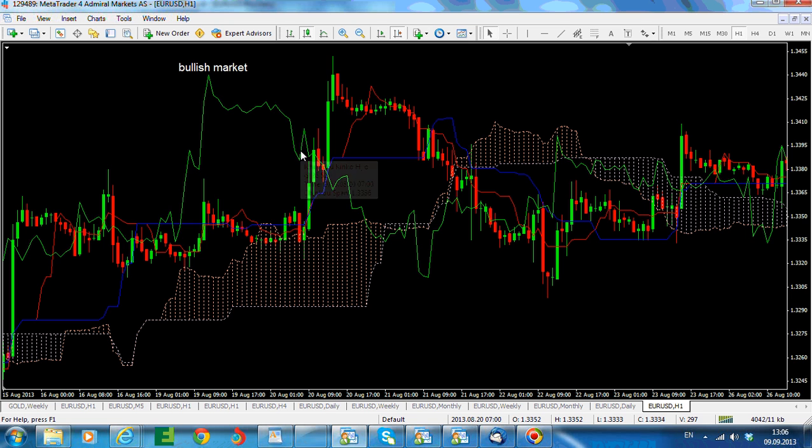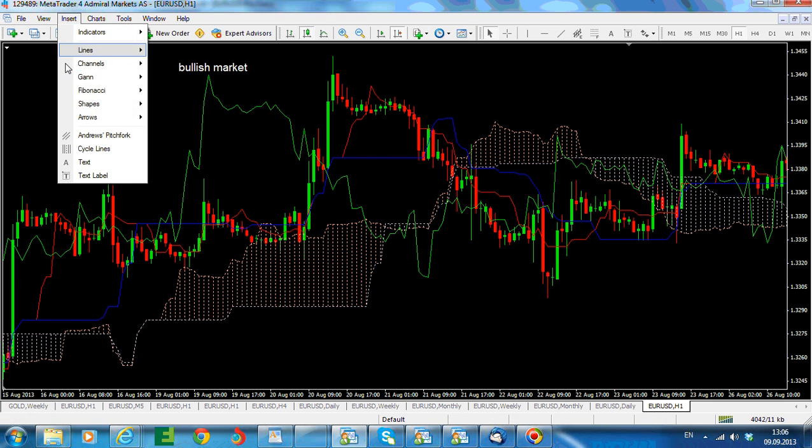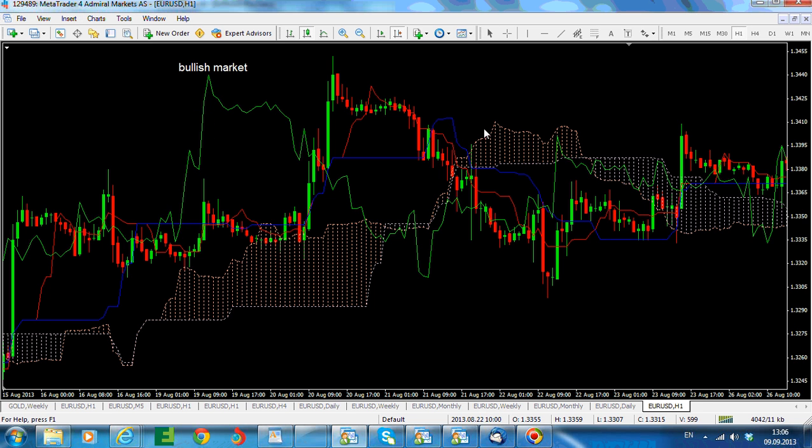This is not happening here, and because of that we have our bearish cross between the Tenkan and the Kinjun lines. This is the bearish cross, and this is the purpose of our recording here.